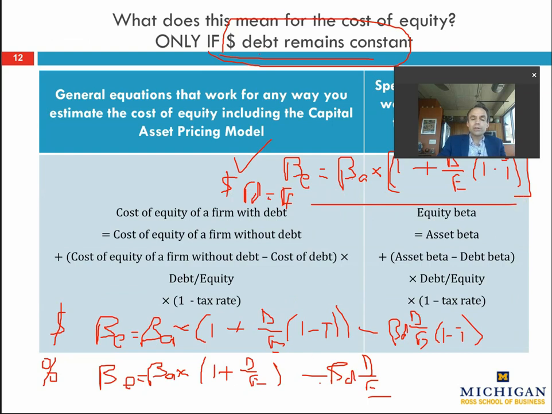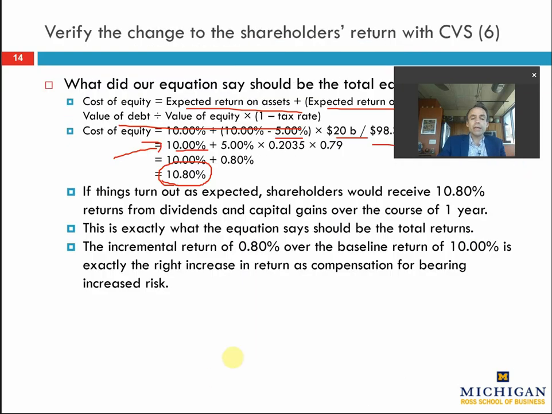The corresponding equation for the bankers, written in terms of returns instead of beta, the corresponding equation that the bankers would often want to use, is that the cost of equity is the expected return on assets multiplied by 1 plus the debt to equity ratio divided by 1 minus the tax rate.